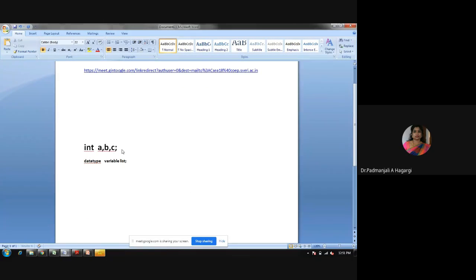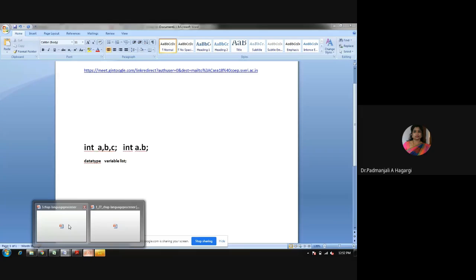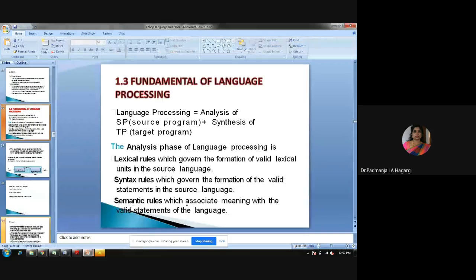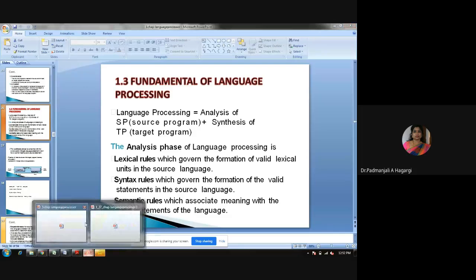And if I take another example, say int a dot b, this is not valid. This is what it checks in syntax. This is not valid, because in the syntax every variable should be separated by comma. Now the next point is the semantic rule. Semantic rule means it goes to the next.